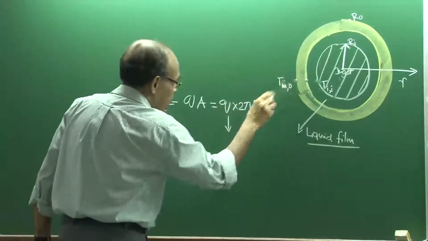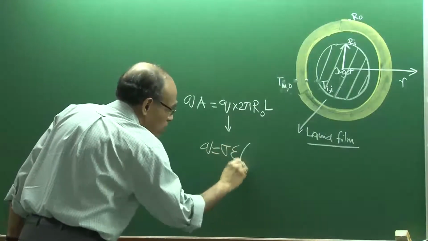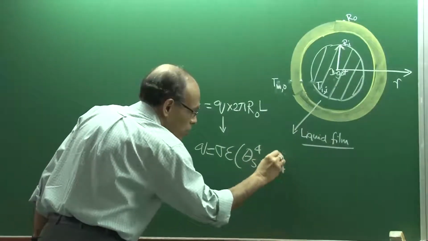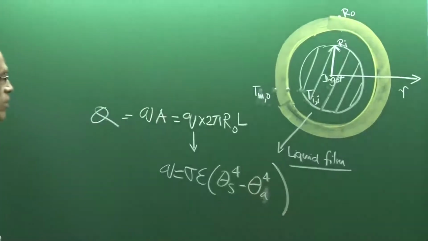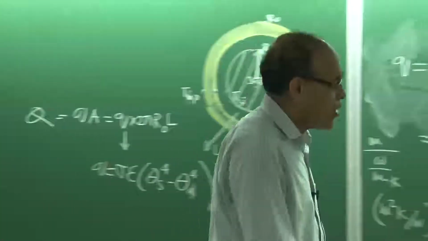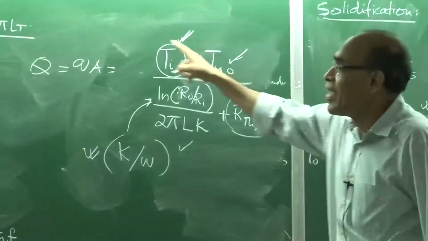Because the temperature is high, Q is equal to sigma epsilon (theta s to the power 4 minus theta a to the power 4), the radiation flux. So what I'm trying to show here is that you can determine this parameter provided everything else is known to you.